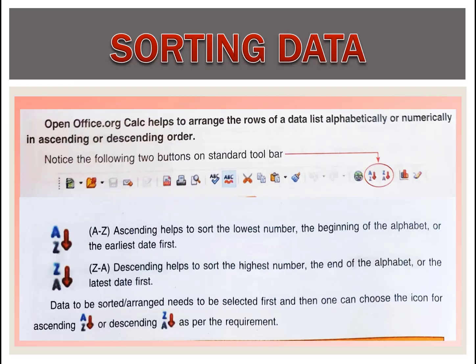Z to A, descending, helps to sort the highest number, the end of the alphabet, or the latest date first. Data to be sorted needs to be selected first, and then one can choose the icon for ascending or descending as per the requirement.